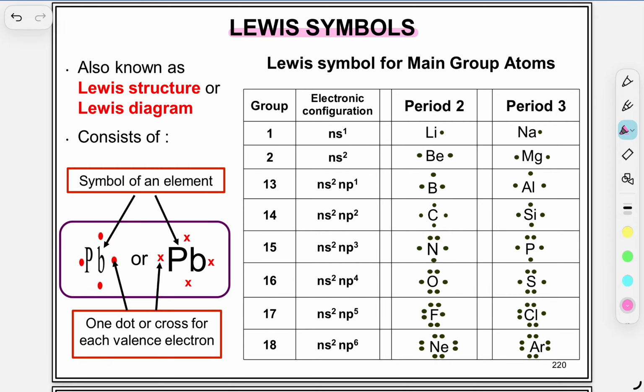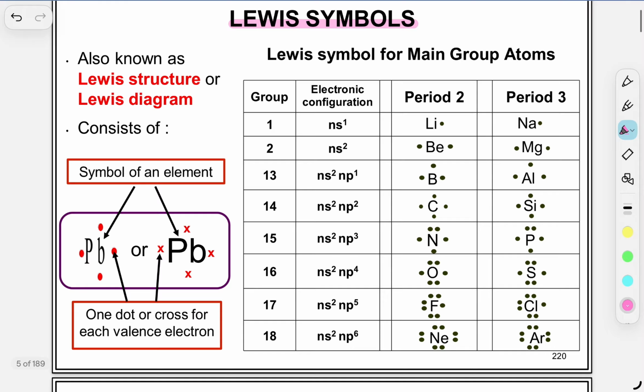All right, so Lewis symbol, as you can see in the left, is a symbol of an element in the middle, and we represent with a dot or cross for each valence electron. So this is actually going to make your life easier. You don't have to start drawing all the electrons like you did in school. Like you draw the first shell and then you draw the second shell and so on. So we don't have to do it. We only focus on the valence electrons.